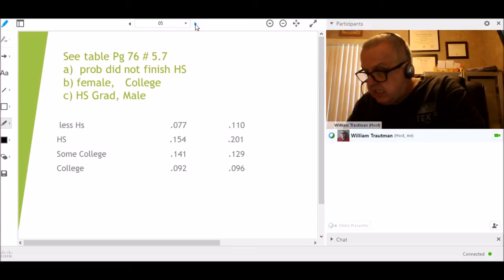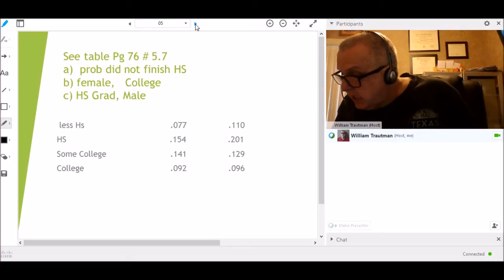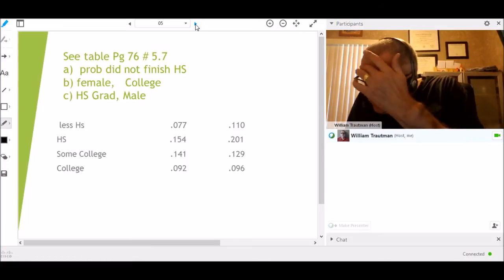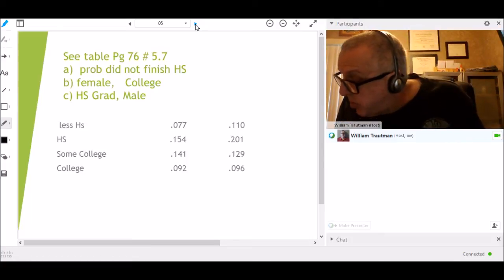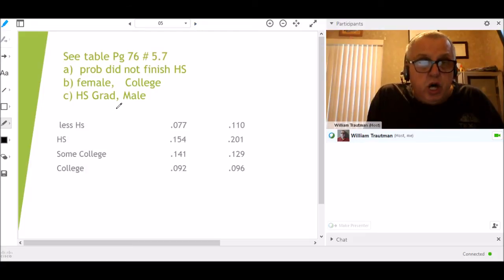Page 76, 5.7. So I kind of put the table here a little bit. It basically says the following table lists the probabilities of unemployed females and males and their educational attainment. So all of these people are unemployed.